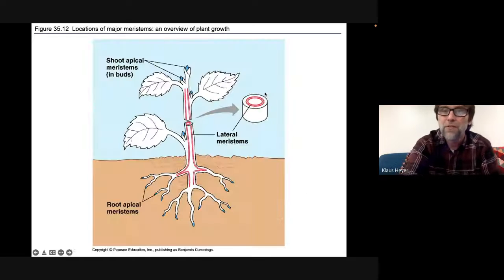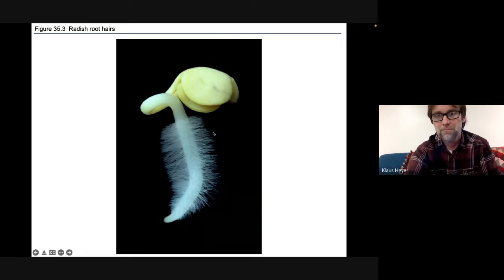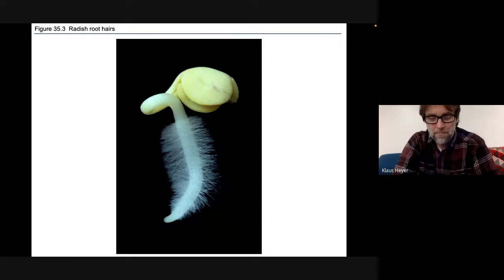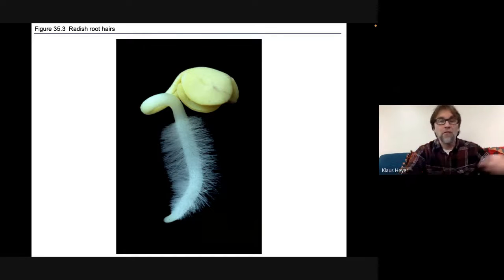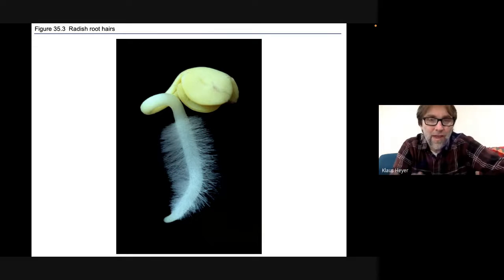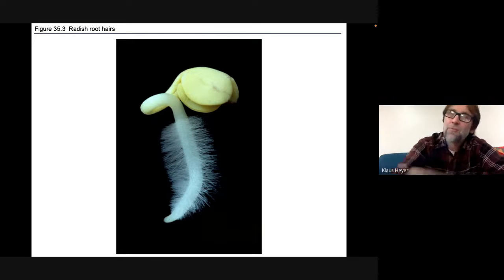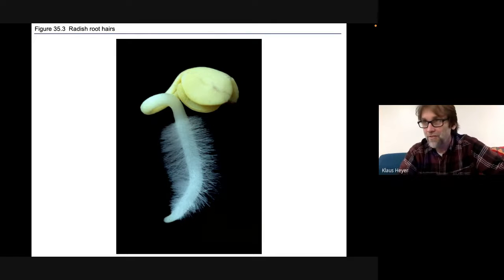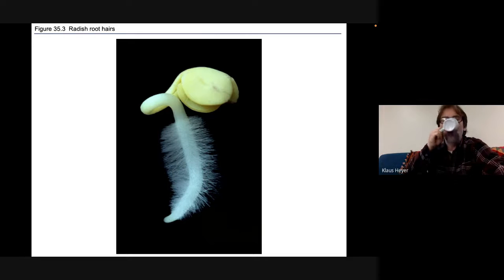It makes a big difference because now you can get water not just from here, but you can expand your area out. So that's one thing that a plant will do, is have root hairs. The radish happens to be one that you can see pretty easily, right? You don't even necessarily need a microscope to see it.